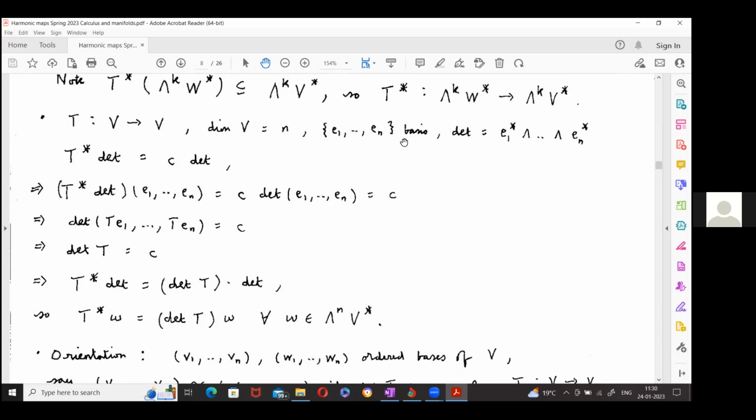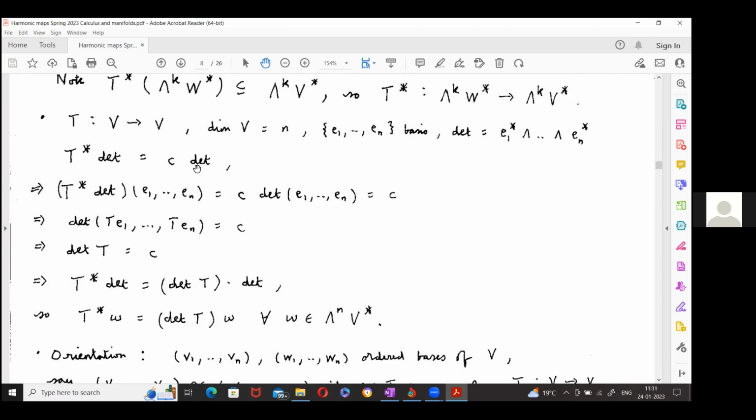And so we have one alternating n form, which is the determinant, which is E1 star wedge En star. Okay. So now if I pull back this determinant by T, so T star of the determinant, this will be a constant multiple c times the determinant, because the space of alternating n forms is one-dimensional.